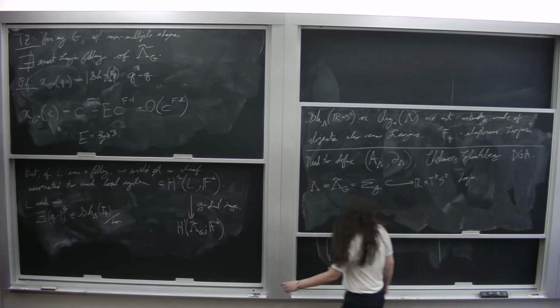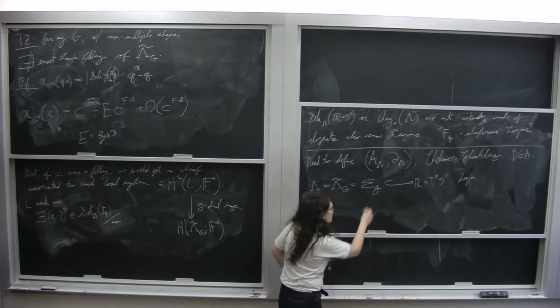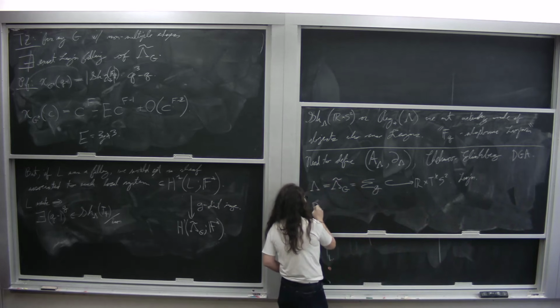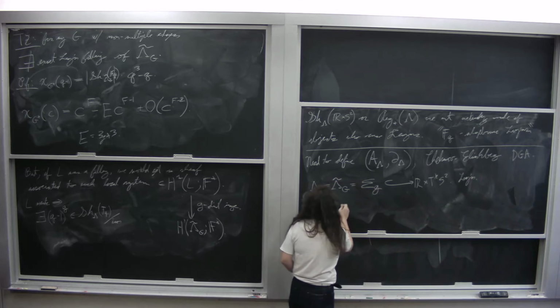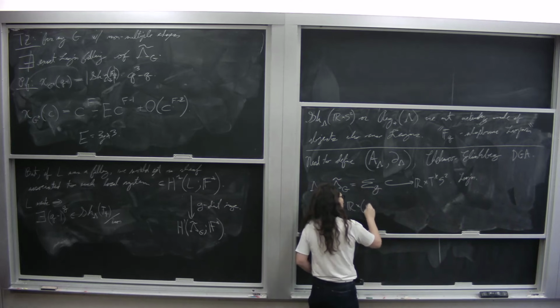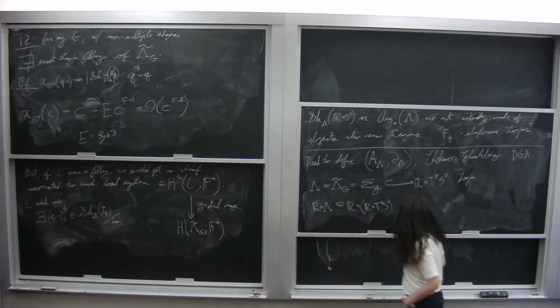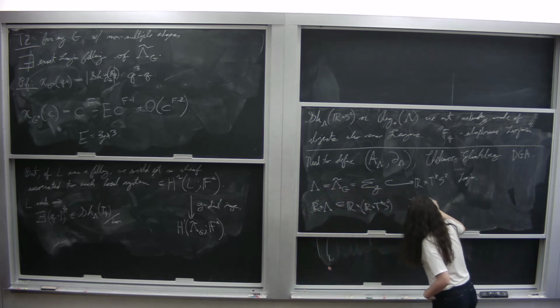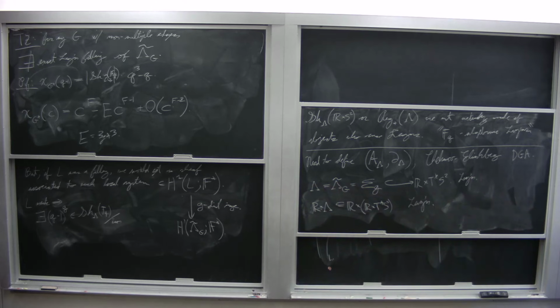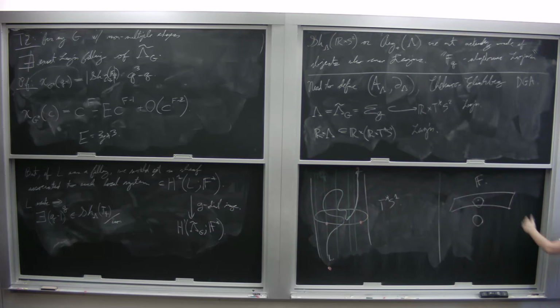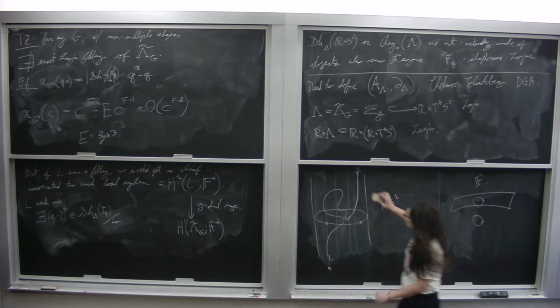And then what that means is that if I consider R cross lambda inside of R cross T star S2, this is a Lagrangian submanifold.